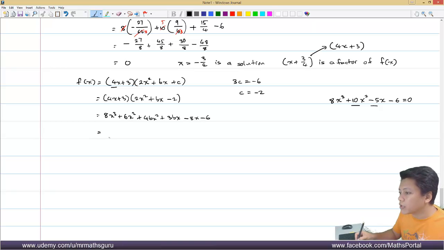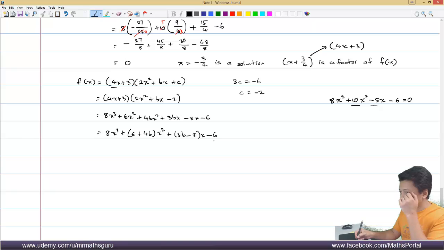Okay, let's consolidate all the like terms. 8x cubed plus, okay, x squared. Here, 6 plus 4b x squared plus 3b minus 8 x minus 6. Okay, this is an expression of f(x).